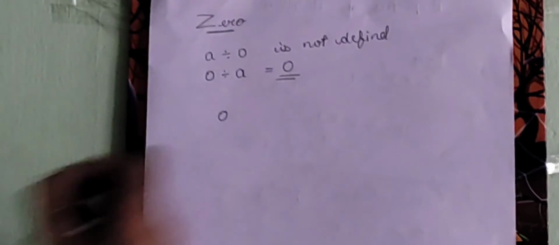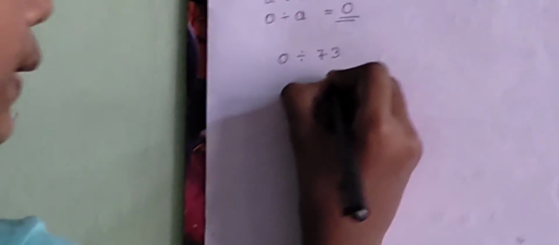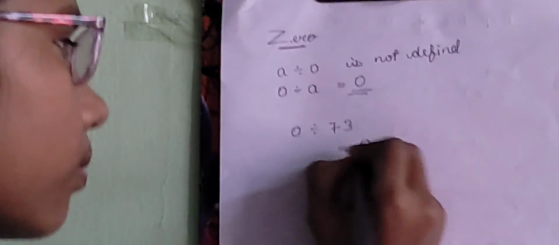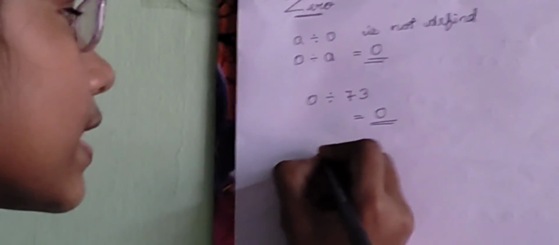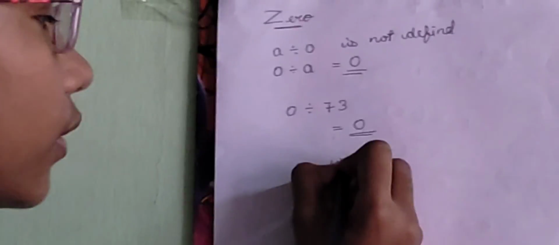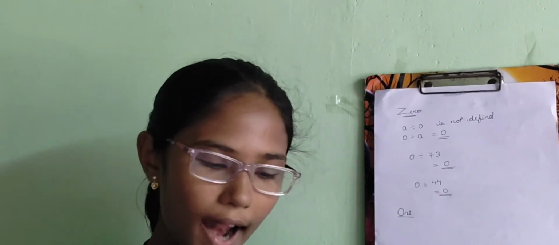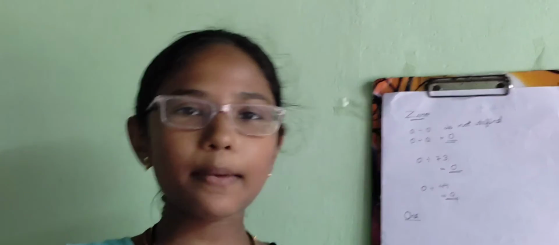For example, 0 divided by 73 is equal to 0. And 0 divided by 44 is equal to 0. When we divide an integer by 1, it gives the same integer.